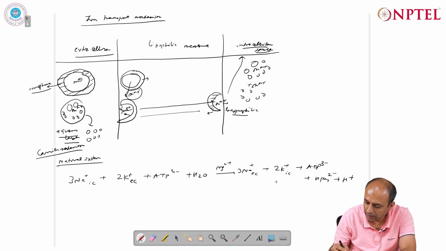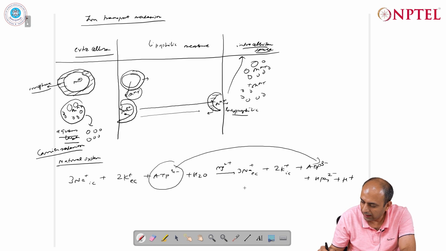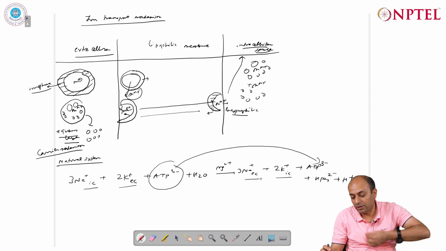So, you see, we have the conversion from ATP to ADP, and we also have the ion pump mechanism which is operating, where the potassium ion is being taken from the outside to the inside against the concentration gradient, and sodium ion from the inside to the outside, also against the concentration gradient.